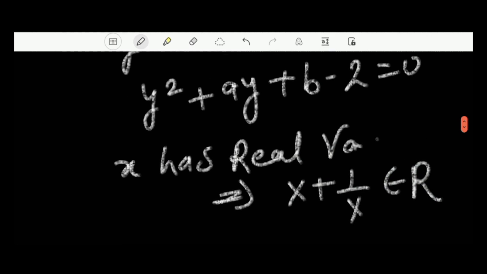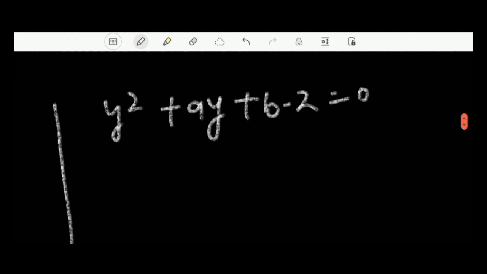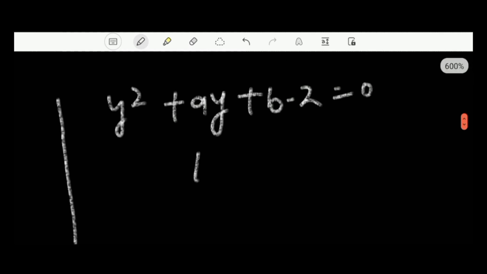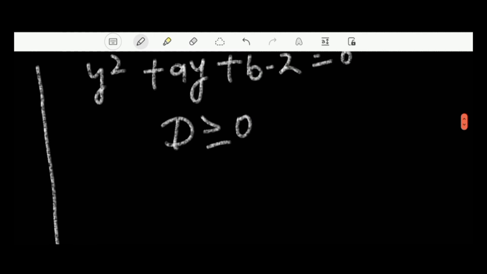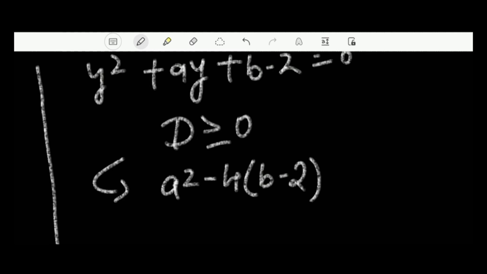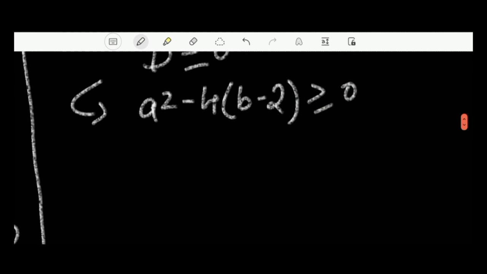So we can simply claim that this quadratic equation also has real roots. We can simply say that the discriminant D of this quadratic must be greater than or equal to 0. So we can rewrite it as a square minus 4 times b minus 2 is greater than or equal to 0. So we will obtain that a square is greater than or equal to 4b minus 8.